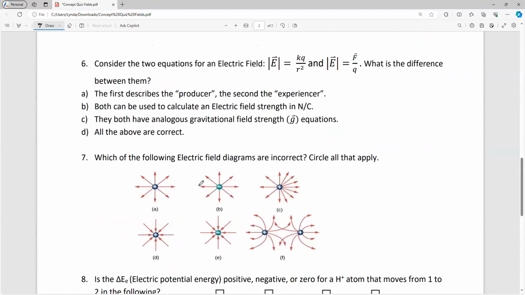Okay, number 6. So you have 2 equations for electric field. What's the difference between them? Okay, think about this force. So it's Coulomb's force between charges. And Coulomb's force is coefficient, product of 2 charges, divided by distance between them squared.